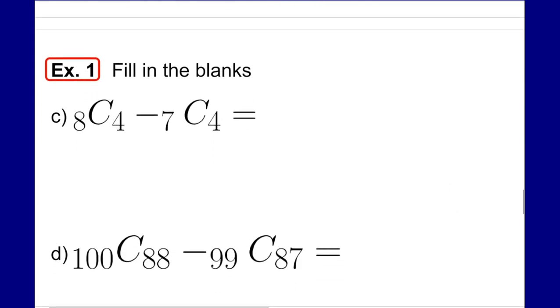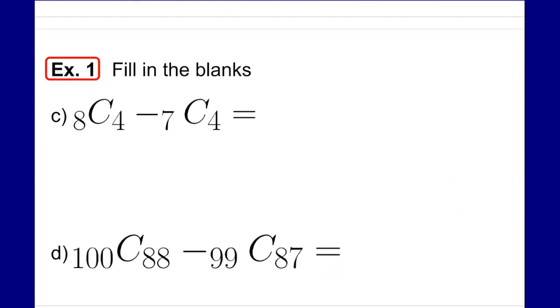Now we can do a little bit of subtraction with this. So 8 choose 4 minus 7 choose 4. Now this one's a little bit tricky, but we want to look specifically at the 8 choose 4 because that's the row below 7 choose 4. So 8 choose 4 would be comprised of the sum of the two terms above it, which would be 7 choose 3 plus 7 choose 4.